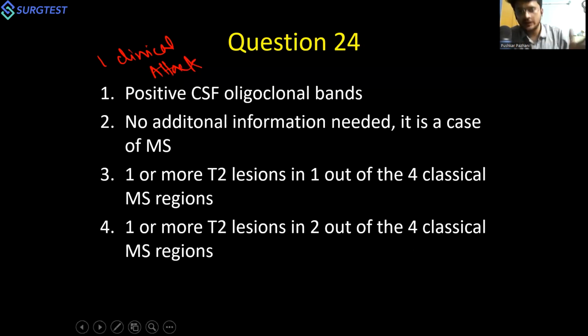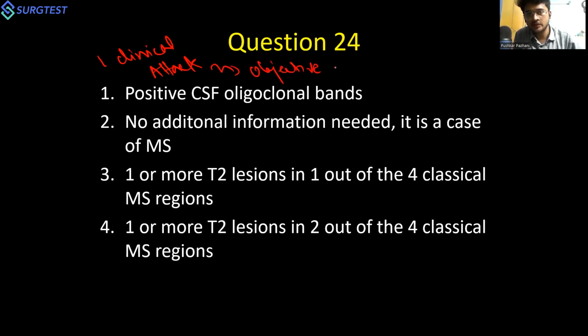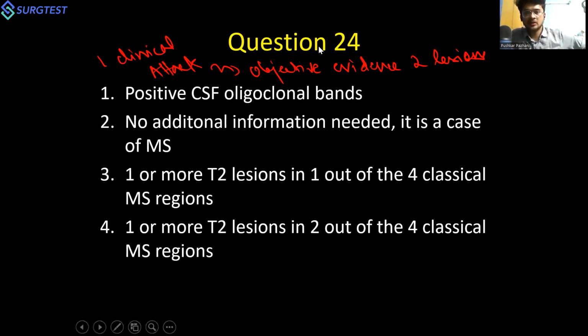She has no history of any previous clinical attacks, but you have objective evidence of two lesions. That is, you have a right-sided RAPD and you also have a left lower limb spasticity. So which of the following is needed to diagnose this patient as multiple sclerosis at this juncture? A little difficult MCQ. We'll see how many get it right.